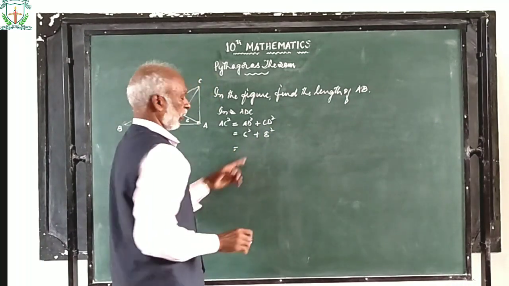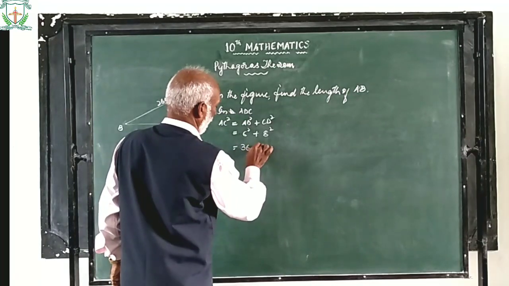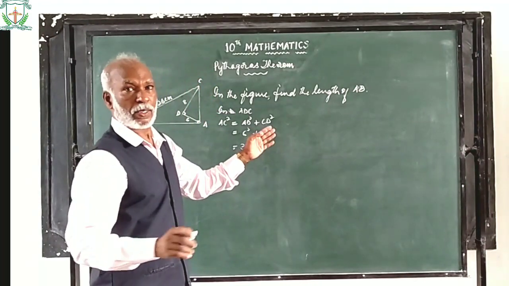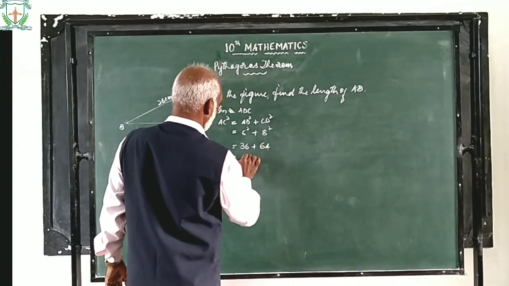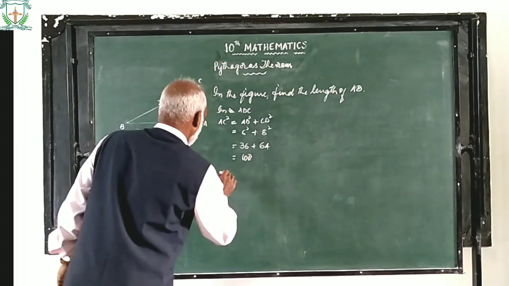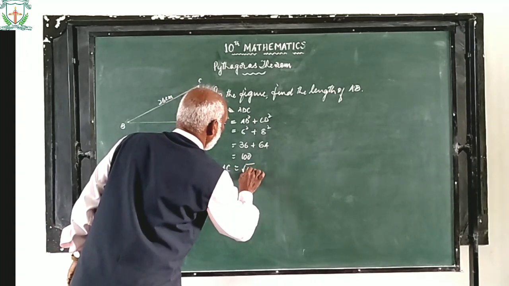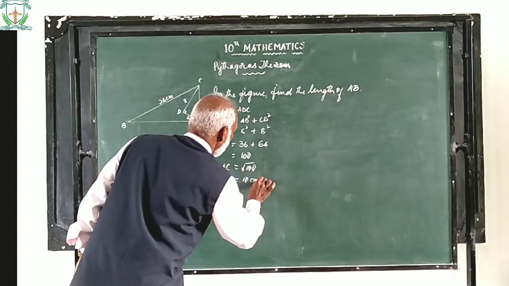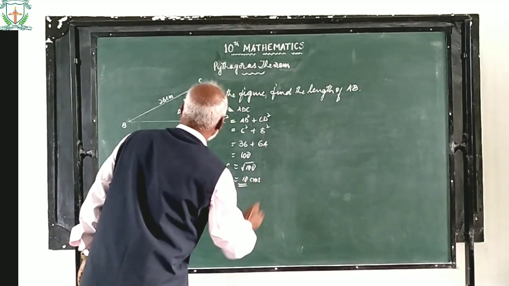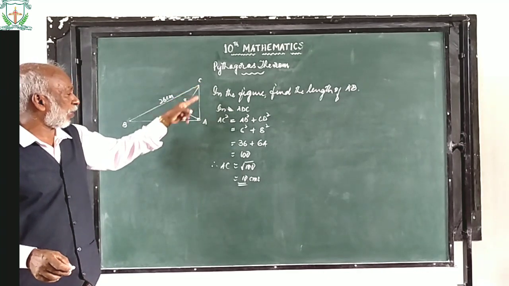You know how much is 6 square? Yes, 36. How much is 8 square? 64, right? You add up, you get 100. Therefore, AC is equal to root of 100, everybody knows it, 10 centimeters. So now you know AC is 10 centimeters.